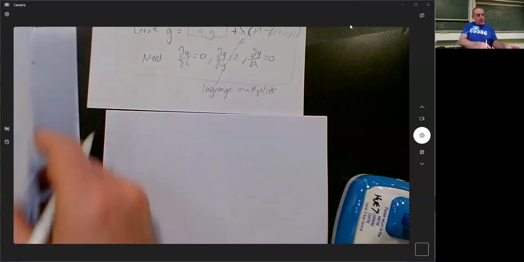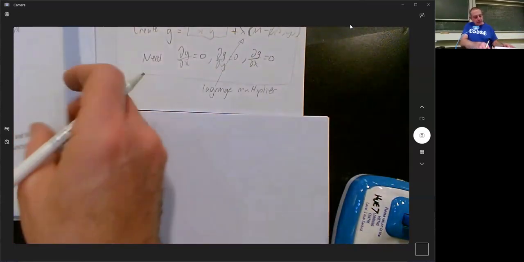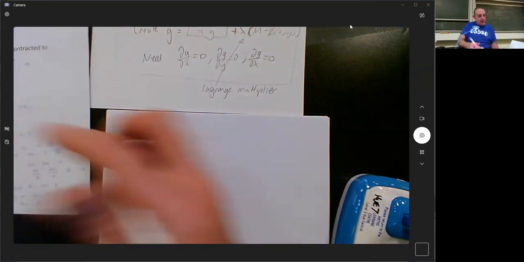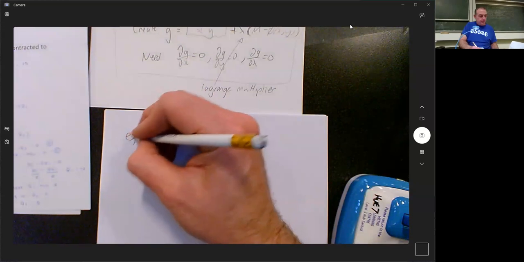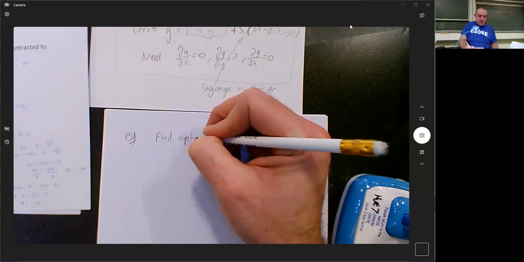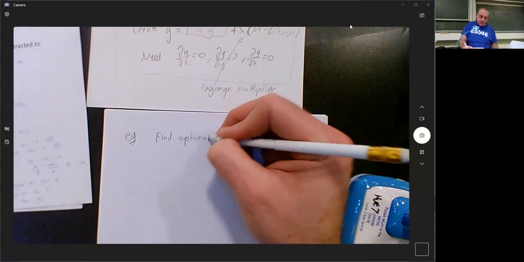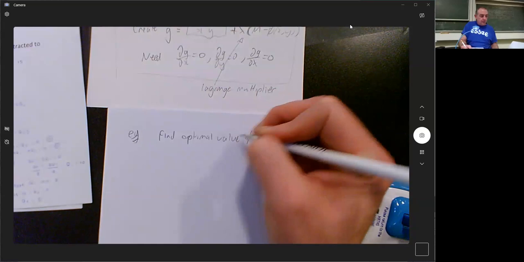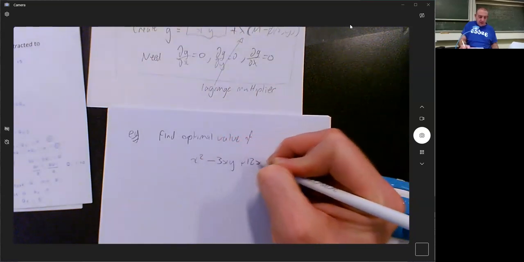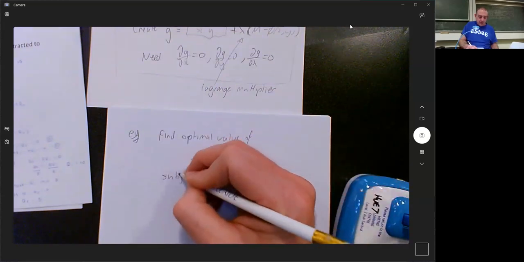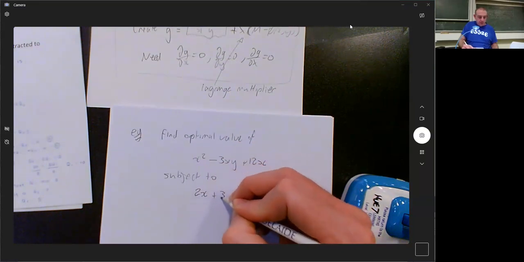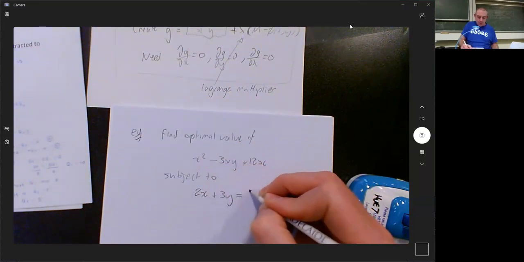And so there is an example in here which says find the optimal value of x squared minus 3xy plus 12x subject to 2x plus 3y equals 6.